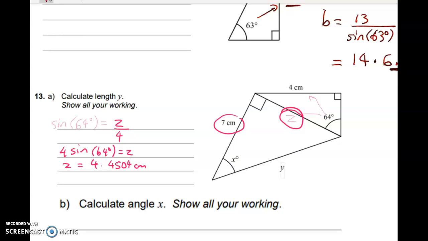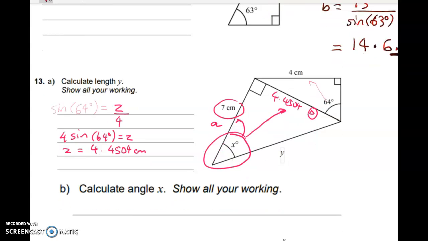So the next thing to do, I'm going to find the angle here, and we know that side length now, so we can write that on. It's 4.4504. So this is the opposite side, and this is the adjacent side. So we're going to do tan, so angle x.